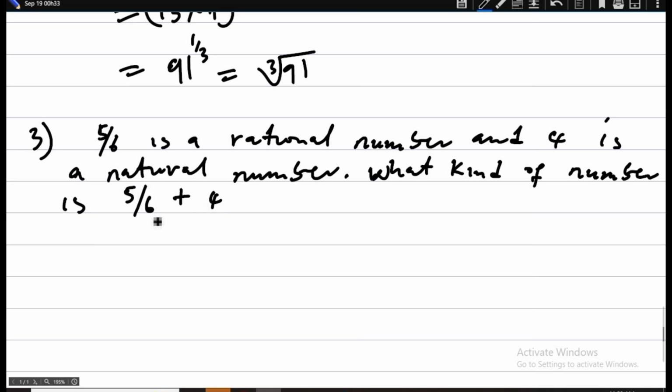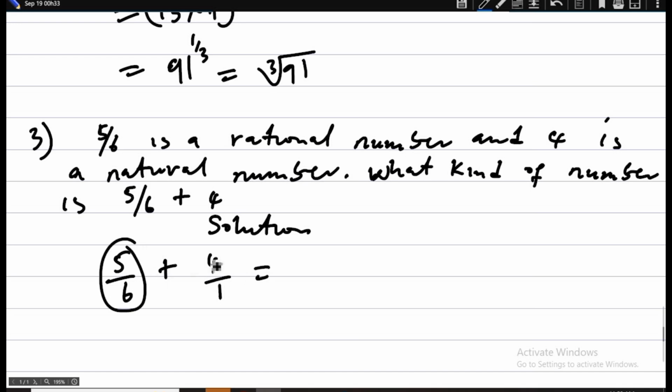So the addition of two rational numbers will still give us a rational number. You understand? So solution. 5/6 plus 4, where 4 can equally be written as 4/1. So you see that this is a rational plus another rational, so it's still going to give me a rational number as well.